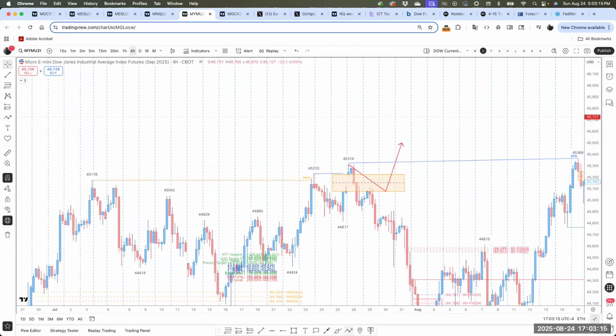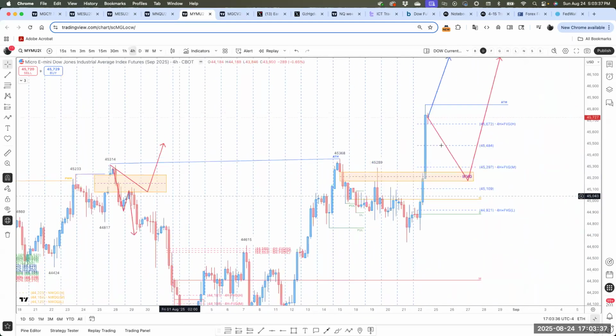We don't see that, right? Instead, we see the opposite. We make a high, price comes down into it, it trades below it, then trades back into it, and then we drop. That's an example of what we would want to see to say we should sell, right?